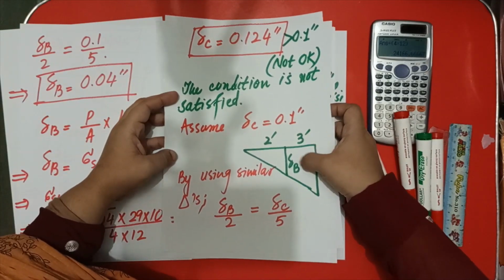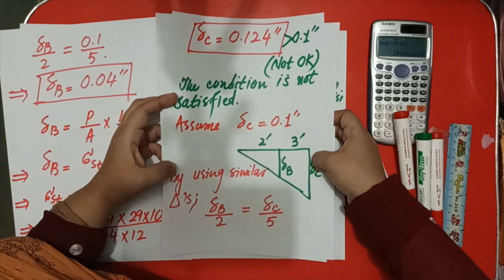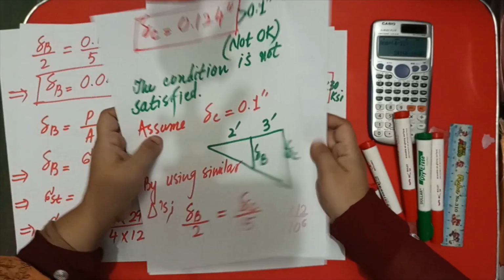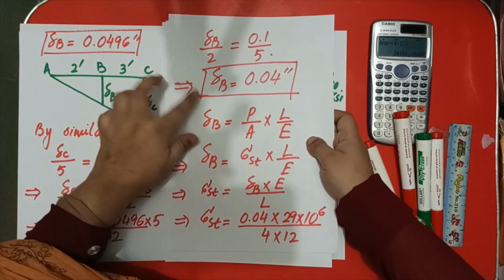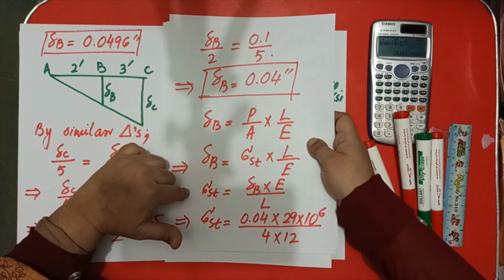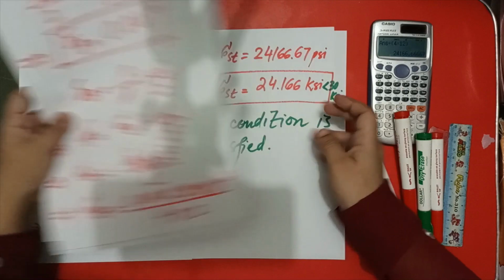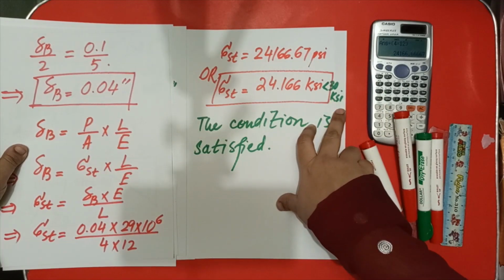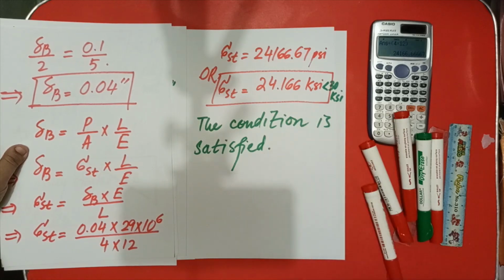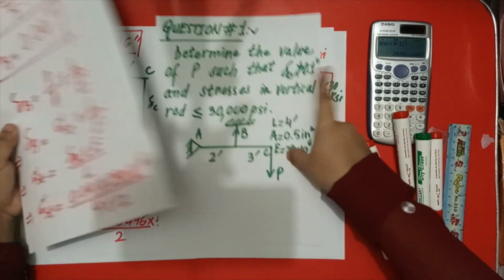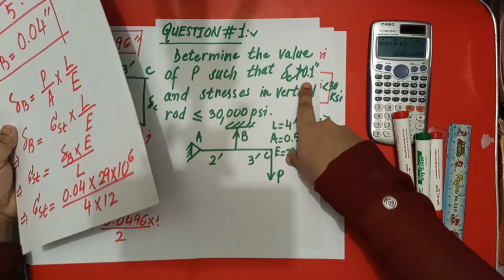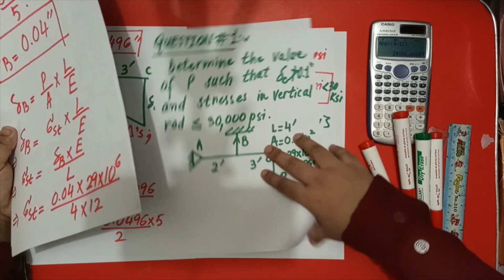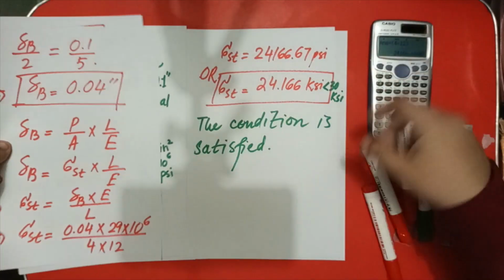So in the second case, I first find out delta B. Then I find out the stress in steel. It comes out to be less than 30 ksi. So both conditions are satisfied: delta C is not greater than 0.1 inches and stress in the vertical rod is not greater than 30,000 psi, or 30 ksi.